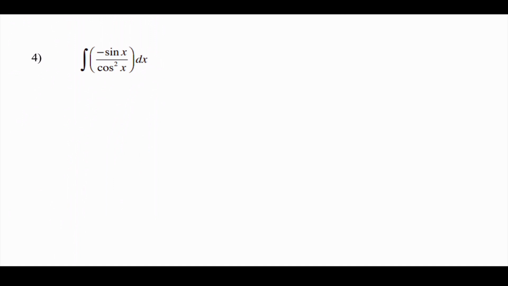Okay, so the way to do this one is you're going to separate the top from the bottom. So, sine and cosine. Another way of writing this is like that, right?